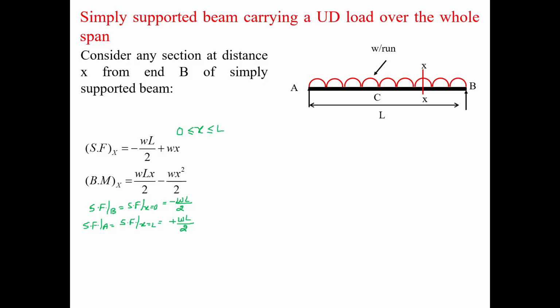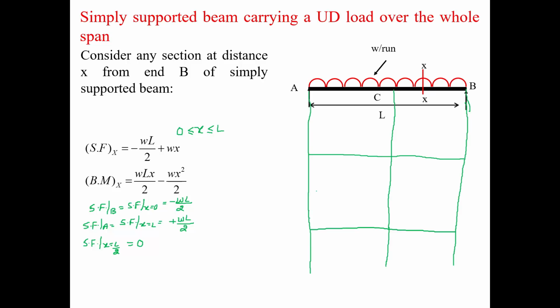Right now, it is wise to get the shear force at some other point, say the midpoint. So let us say shear force at point C, which corresponds to x is equal to L by 2. Once you put x is equal to L by 2, I get shear force equal to 0.